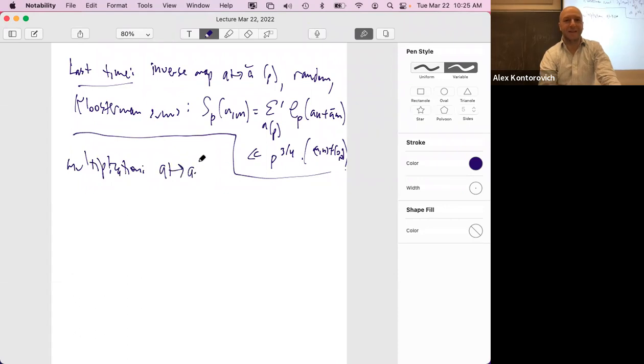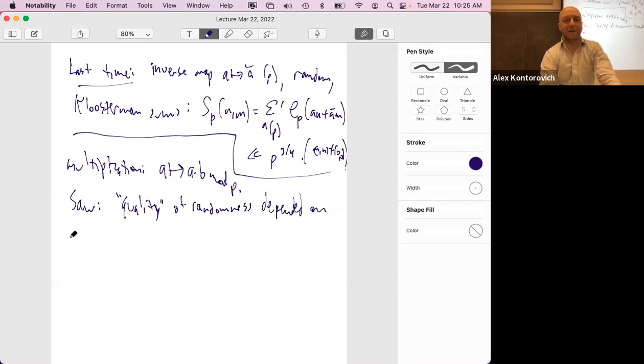The map A goes to A times B mod P was more subtle, and we only saw this qualitatively and not yet quantitatively: the quality of the randomness depended on the continued fraction expansion of B over P as 1 over A1 plus 1 over A2 and so on, which we write as [0; A1, A2, ..., A_k], whatever the length is.